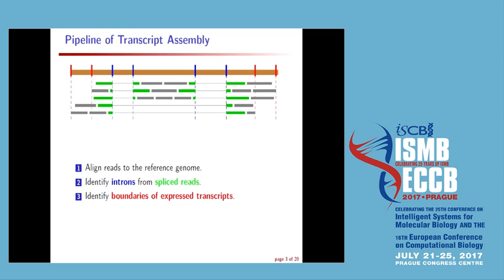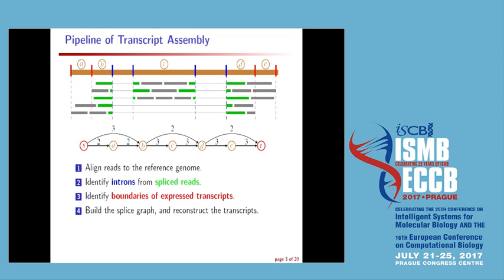And then we identify the boundaries of the expressed transcripts. Like here, we can identify those two start boundaries for the two transcripts, and also the two end boundaries of the two transcripts. Those boundaries plus the coordinates of introns split the reference genome into partial exons or exons. Then we can build a splice graph based on those boundaries and introns.